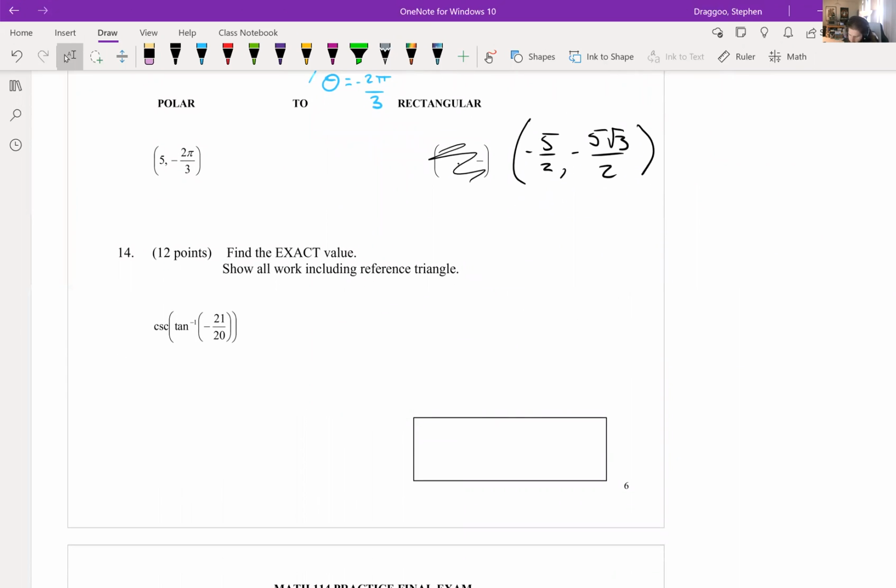Okay, then we want the exact value of cosecant of tangent inverse of negative 21 over 20. Which means we got to get ourselves a reference triangle.